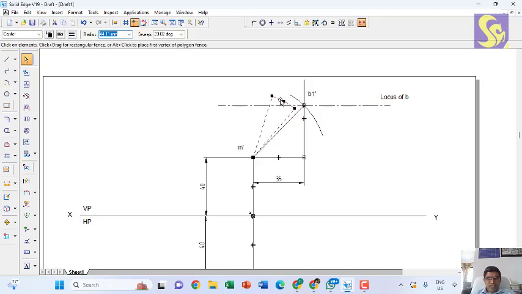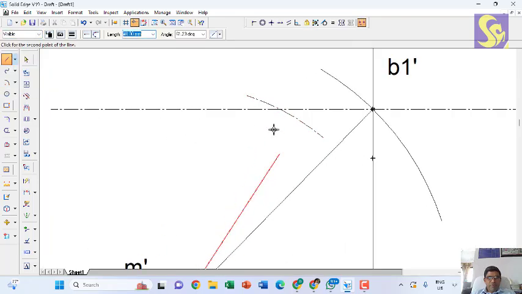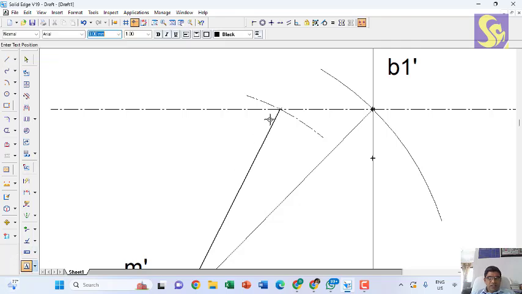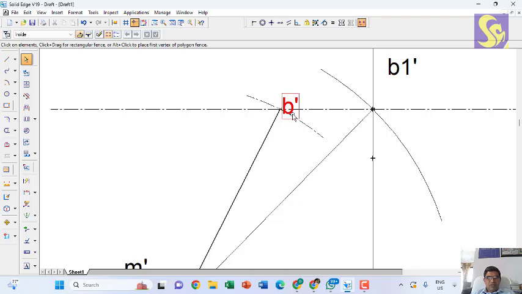The arc length can be made as 40 mm. So this intersection is the required point, which is nothing but M dash to B dash. So this is going to be B dash, the front view point.